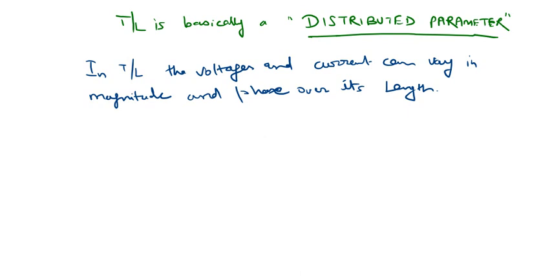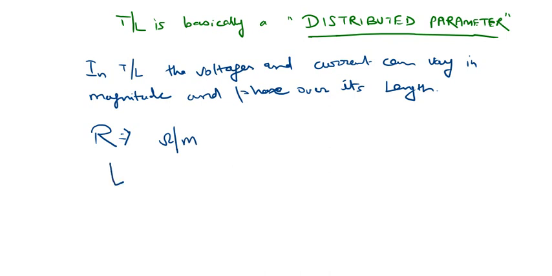Here the resistance in transmission line is measured as resistance per unit length. So the unit is ohm per meter.